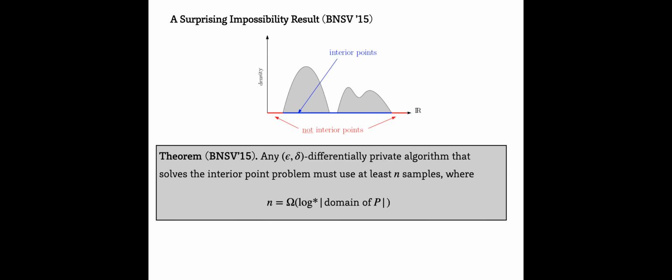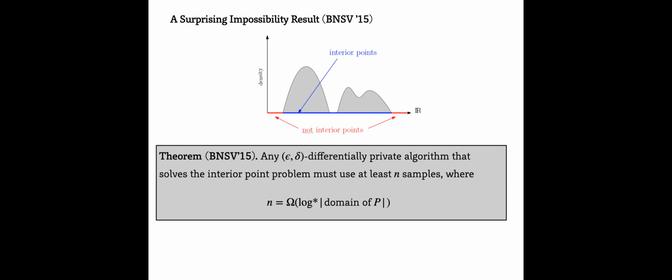So earlier, we were interested in the question of, can we solve the interior point problem with privacy? And it turns out the answer to this question is a surprisingly negative one. In fact, at FOCS 2015, Bun, Nissim, Stemmer, and Vadhan showed that any epsilon-delta differentially private algorithm that solves the interior point problem must use at least log star of the domain size of our distribution samples.